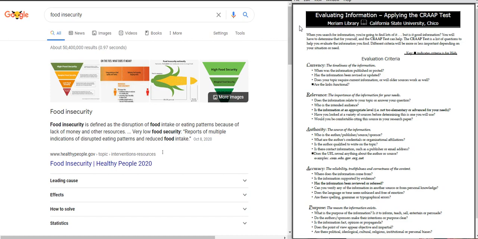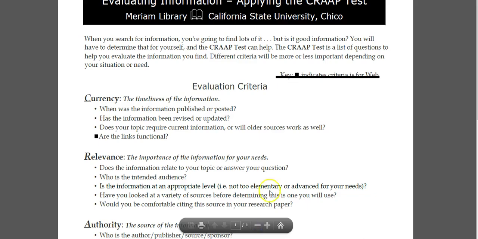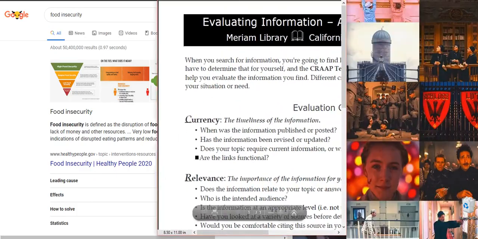So let's get started. Before we start searching on the topic of food insecurity, I would like to talk about this test, or what we sometimes call a test.